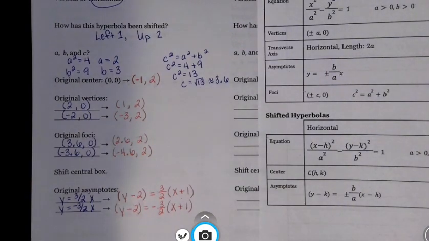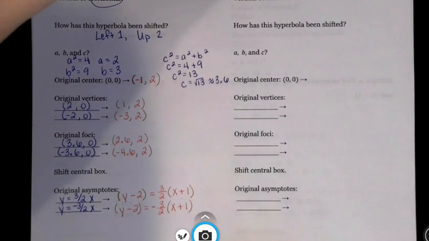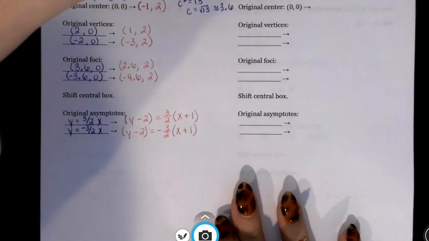So now I have enough information where I can go ahead and graph it. So I'm going to move my formula sheet. And I do have to scoot this up, so we might not be able to see a couple of things. I'll do my best. I want to still see my center, so we'll keep that at the top there.